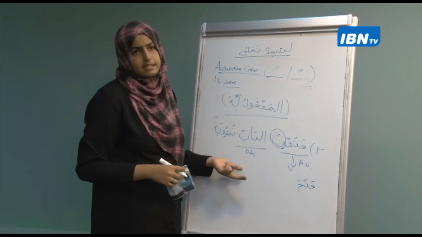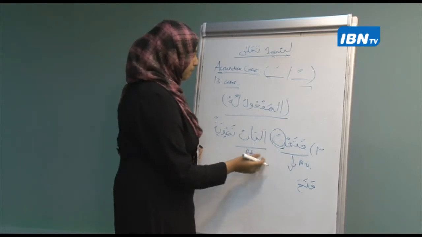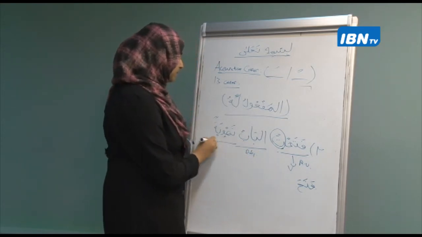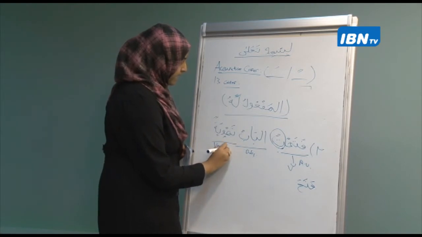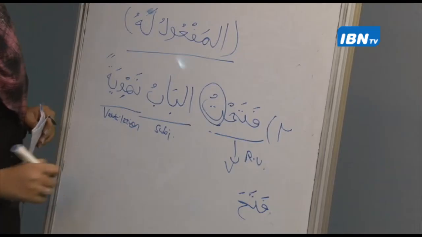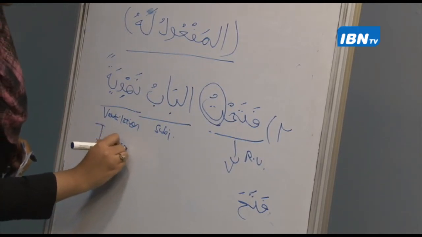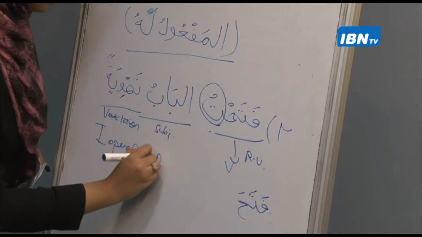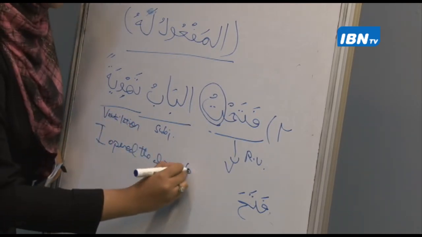I can only say it's the subject of the sentence if we're talking about the door. So al-bab is the subject. Now tahwiya. Tahwiya means ventilation. Now, the whole translation: I opened the door for ventilation.